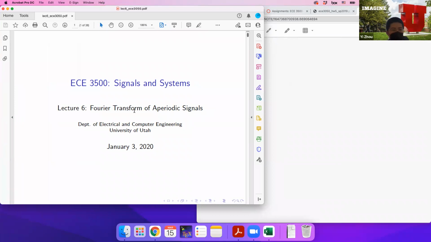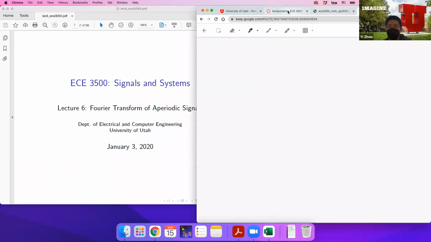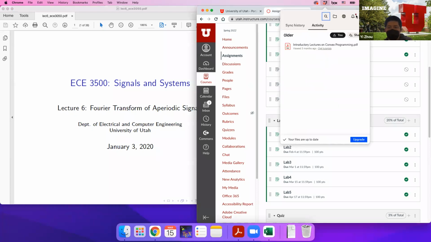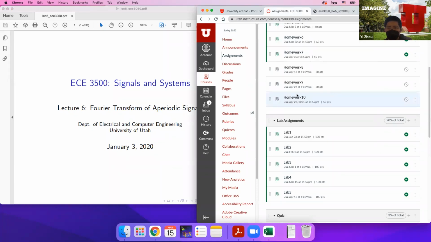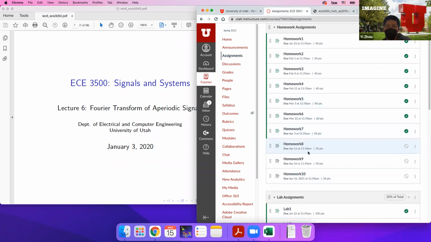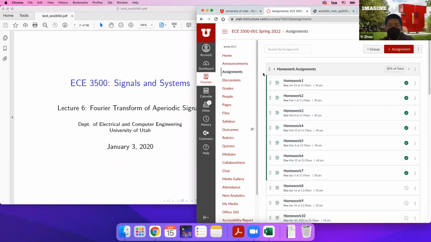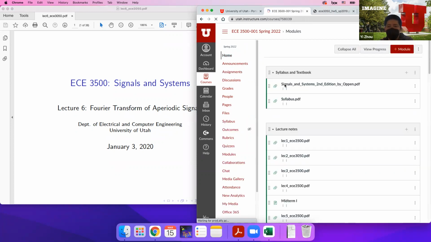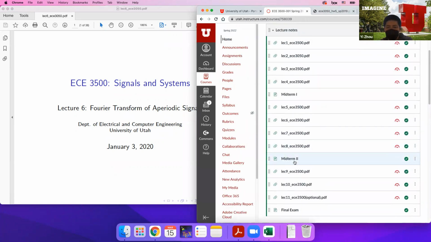So today we can finish lecture 6, and lecture 7 is talking about discrete Fourier transform, which will take probably one to two lectures, and lecture 8 is the sampling. So we should be able to finish lecture 8 at around April 5 or 6. So maybe we'll have midterm 2 around that time. We will figure out the exact schedule for midterm 2 when we get to lecture 8.